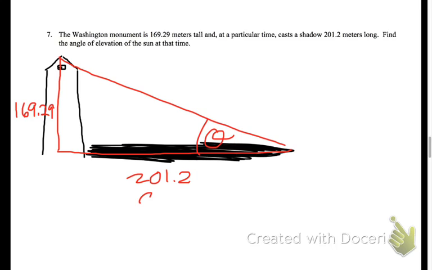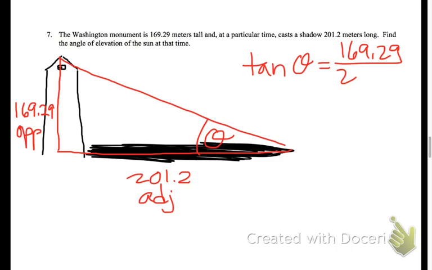Well, the shadow is our adjacent side. Again, just like the tree, the height of the monument is our opposite side. So the tangent is again going to be the trig function that we're after. The tangent of theta is our opposite divided by our adjacent.